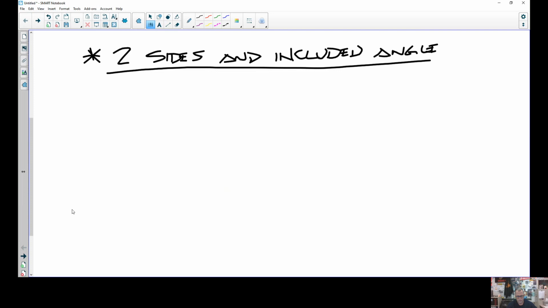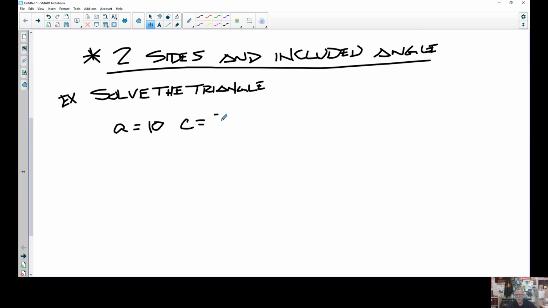I think that's the easiest way to dive into this, if they ask you to solve the triangle. And they give you this. Let's see, they give you side A is 10, side C is 8, and angle B is 100 degrees.